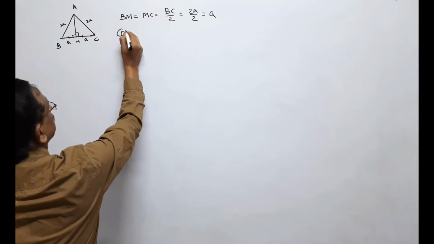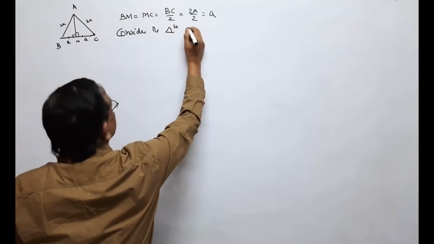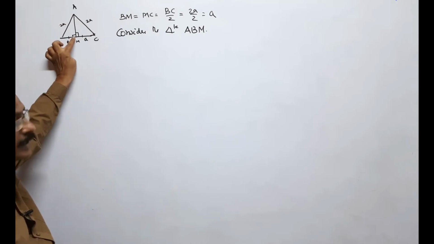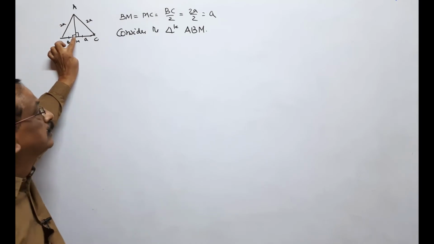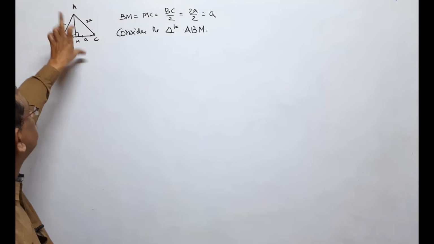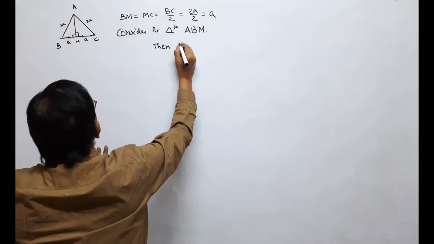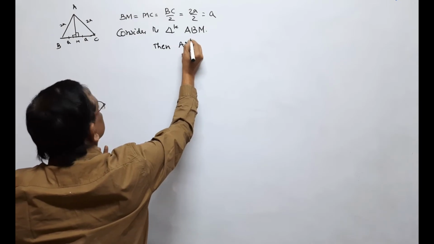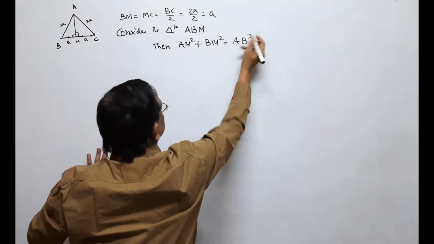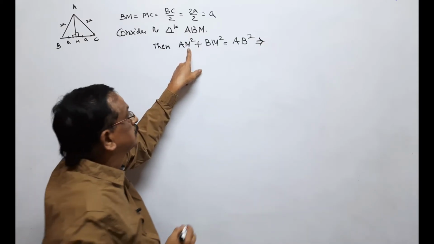So consider the triangle ABM, which is right angled at M. So AM square plus BM square is equal to AB square. This implies I want to evaluate AM square.